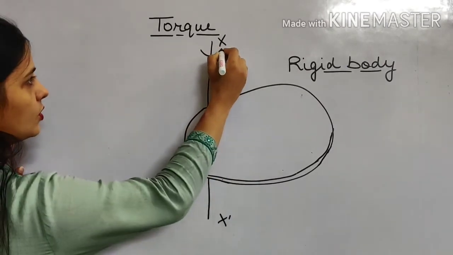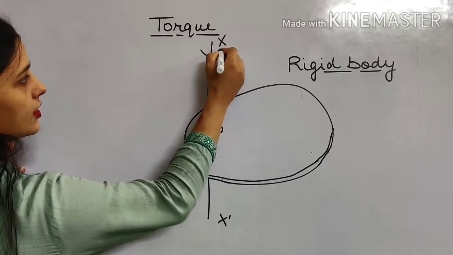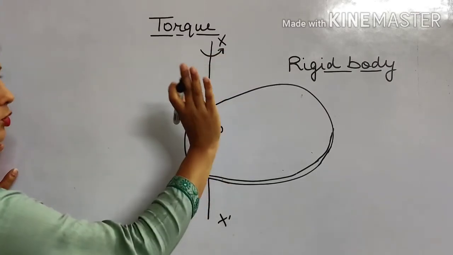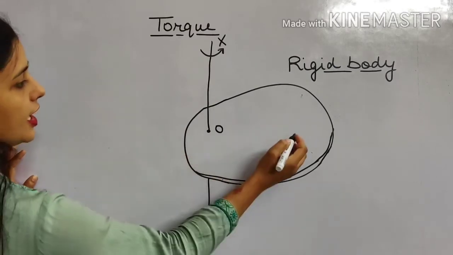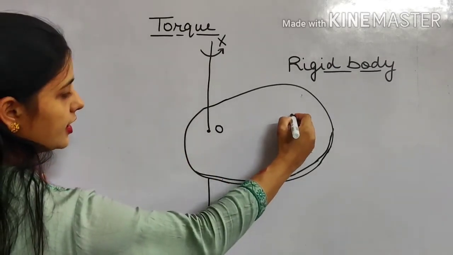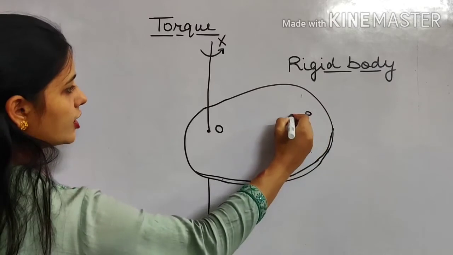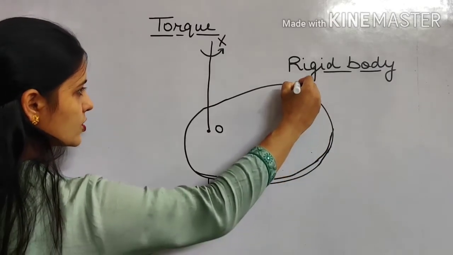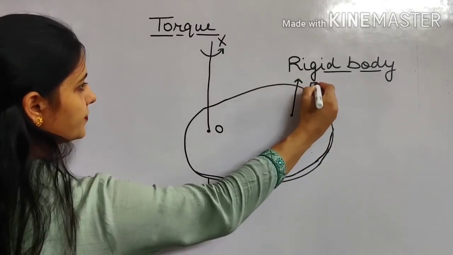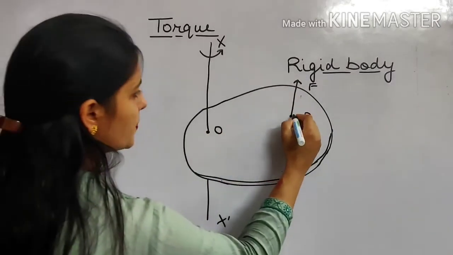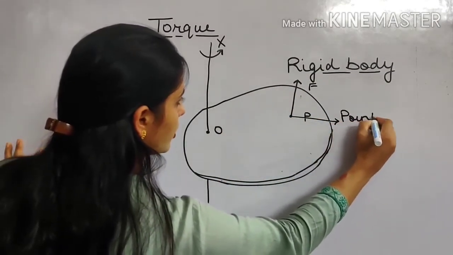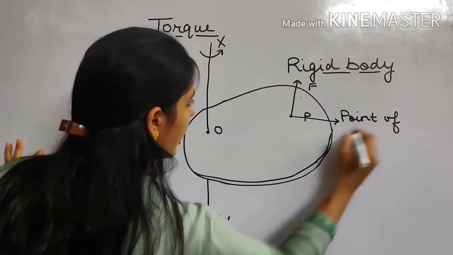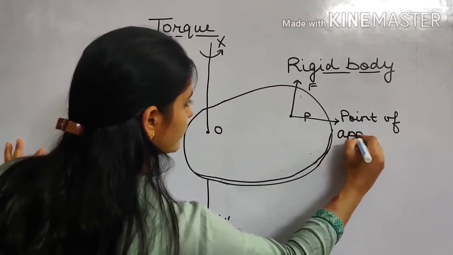You can see this body is moving in the anti-clockwise direction. Now let us consider a point P where we have to apply a force, say F. This point P is the point of application of force.